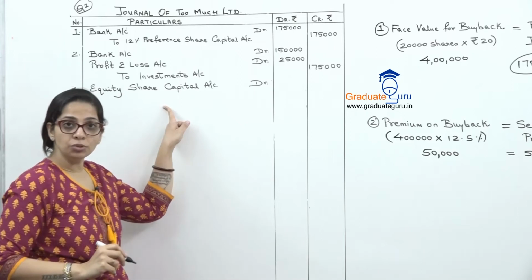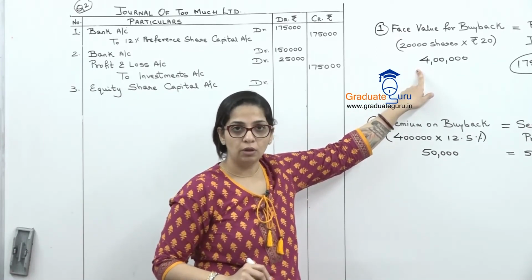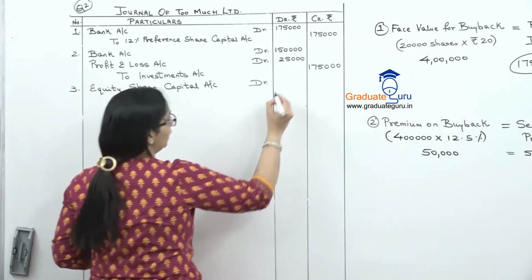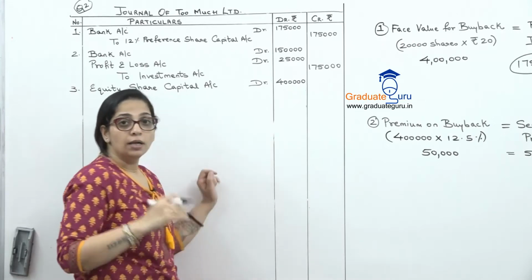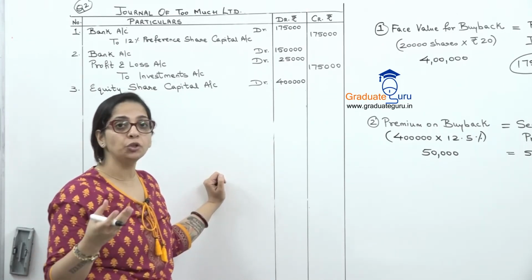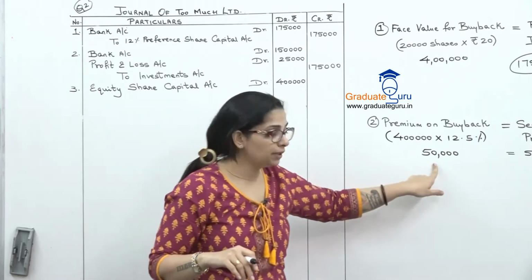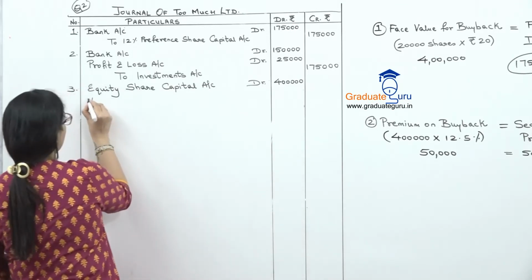Now this amount will come from your face value equation, 4 lakh. So equity share capital account debit, 4 lakhs. Last sum, there was no premium. This sum we are also going to pay premium. So premium of 50,000, which is your loss. So you are going to debit that also.